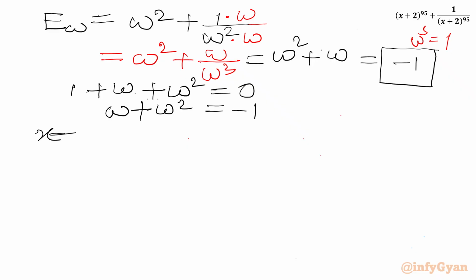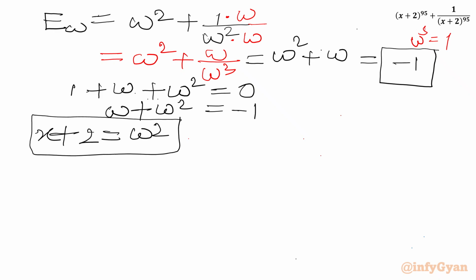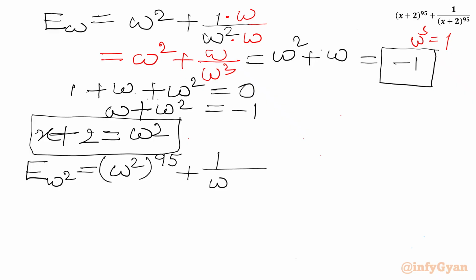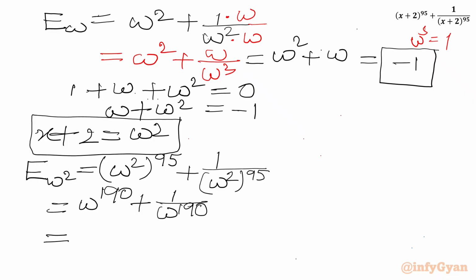Now we will put x + 2 equal to omega square. So we are going to calculate E(omega square). So I will write (omega square)^95 + 1/(omega square)^95. This will be equal to omega^190 + 1/omega^190. Now I can write 190 as 189 + 1.